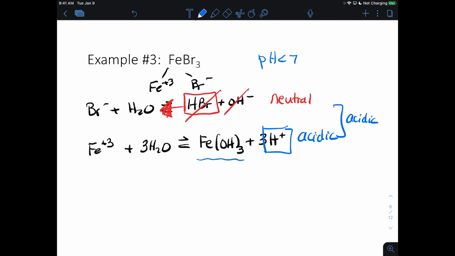Now this question here, we got that it was acidic, but it turns out that's not the right reaction. This Fe3 plus is a metal ion with a large charge density.